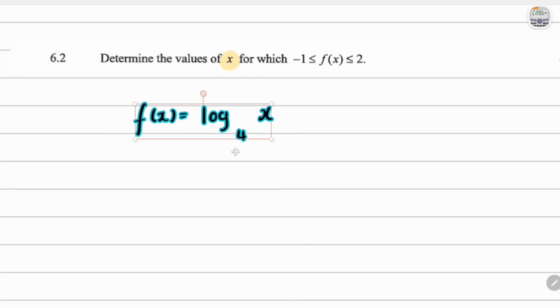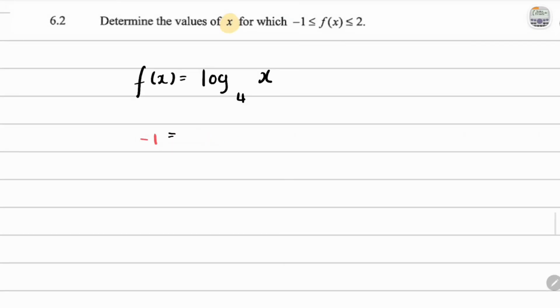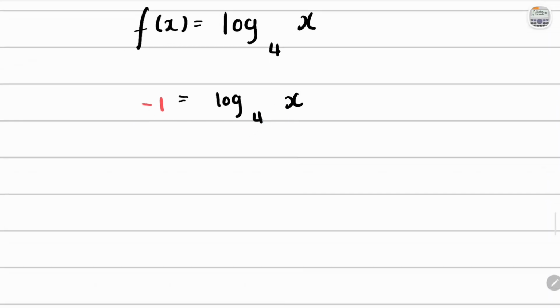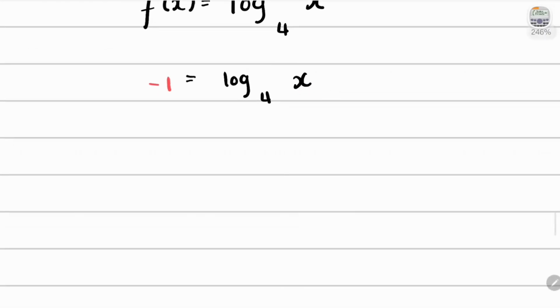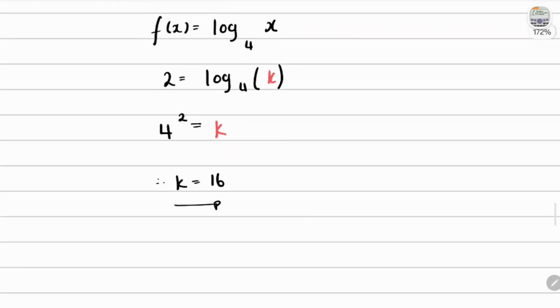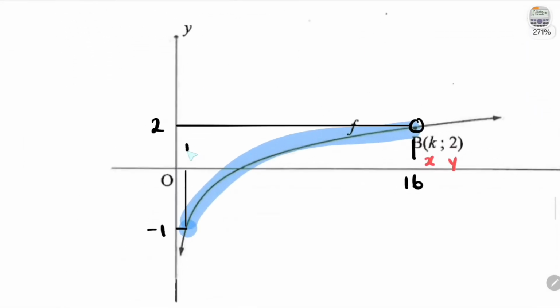So -1 is equal to log, and we're going to leave our base as 4. Now we can rewrite it again in exponential form, because in order to solve for x, we need it back in exponential form. So the base of 4 raised to the exponent, which is your answer of -1, is going to give us x. So x is equal to 4 to the power of -1, which is 1 over 4. This number over here is simply 1 over 4.